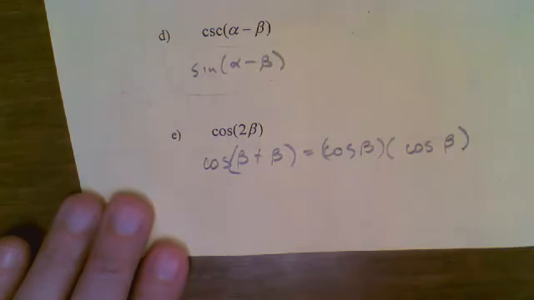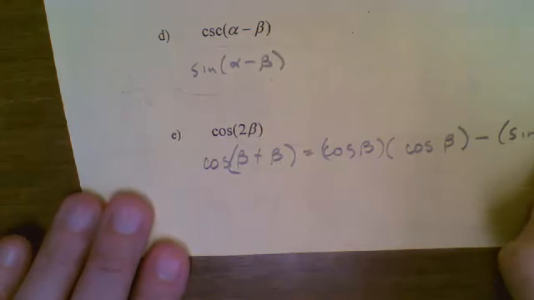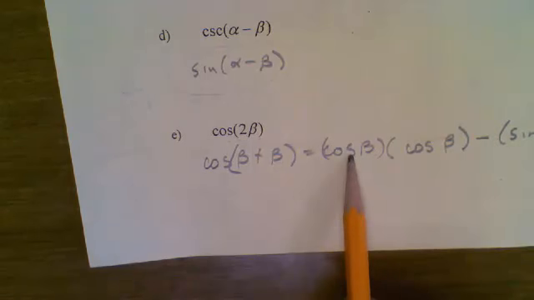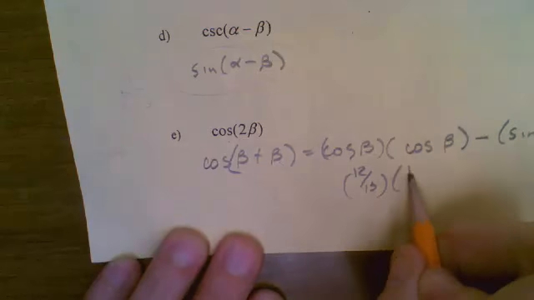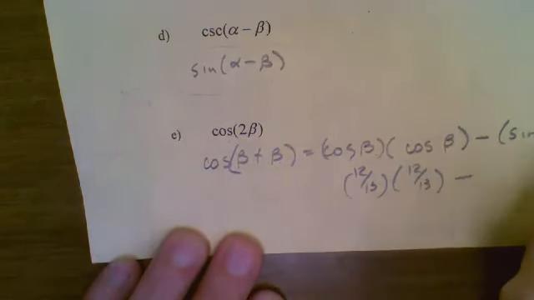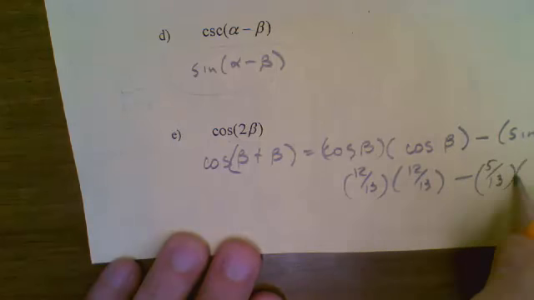Because we have a plus sign, we use a minus, and then the sine of the first angle times the sine of the second. Now we fill these in. The cosine of beta is 12/13, so we do that twice. The sine of beta is 5/13, and we multiply that by itself.